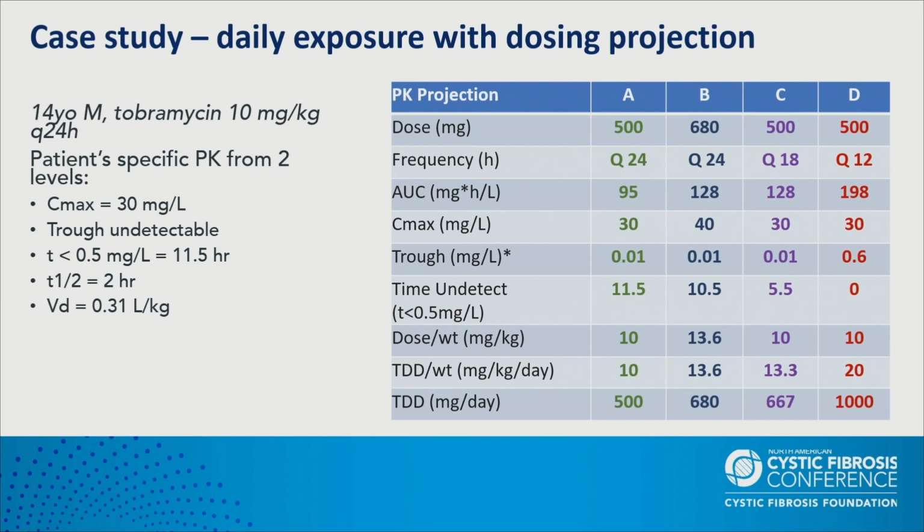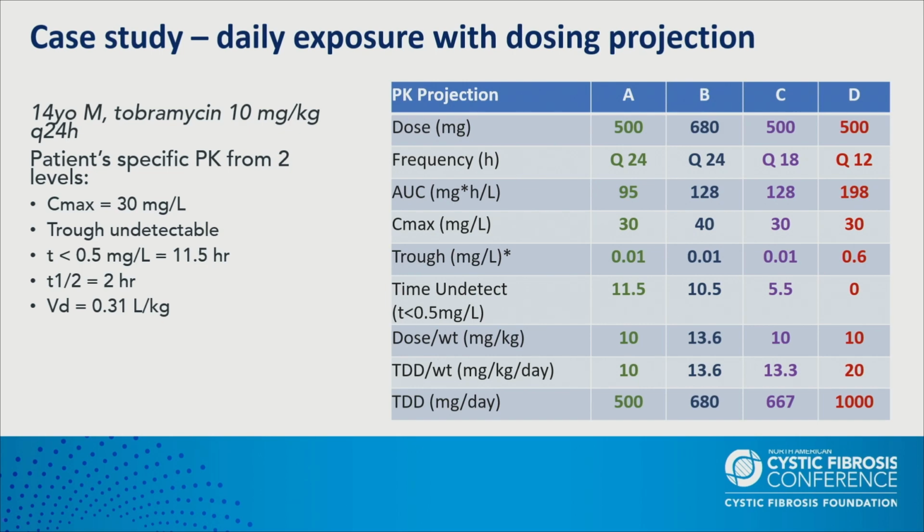The last regimen to evaluate is column D, where you give the same dose of 10 milligrams per kilo, but give it every 12 hours. You see no change in the peak, as there is no change in the dose. Since you're giving it every 12 hours, you're doubling the daily exposure, or AUC, with more frequent dosing.